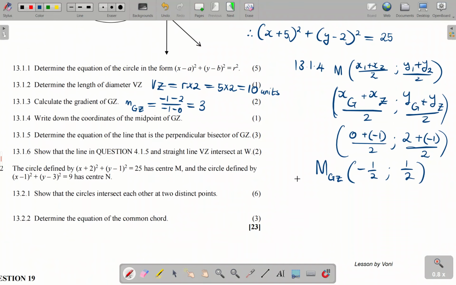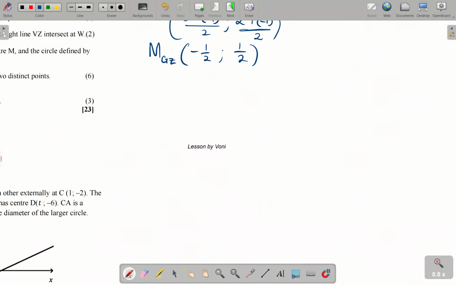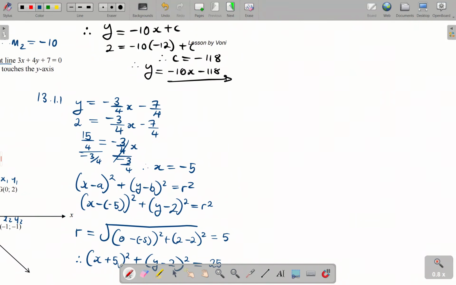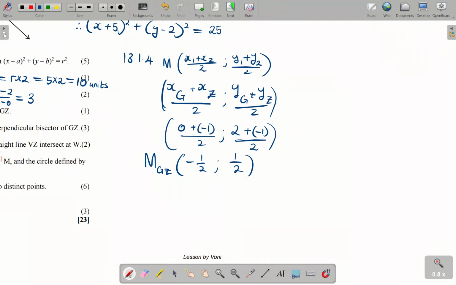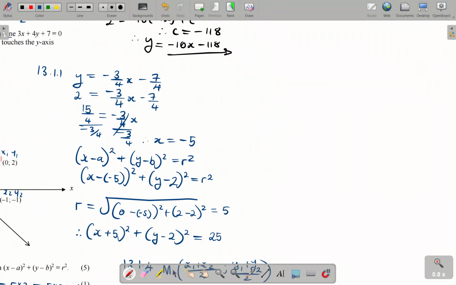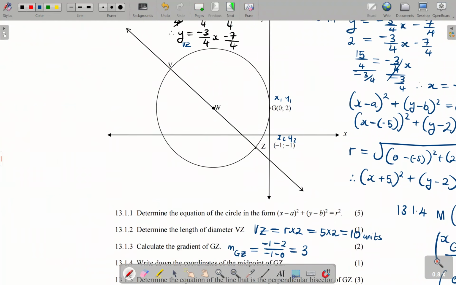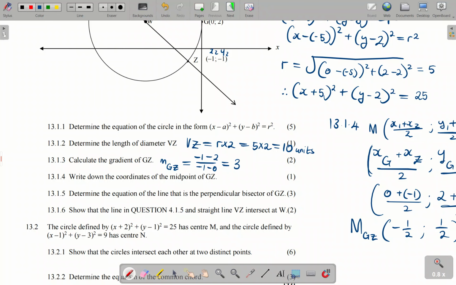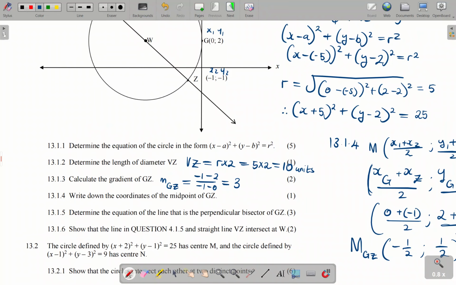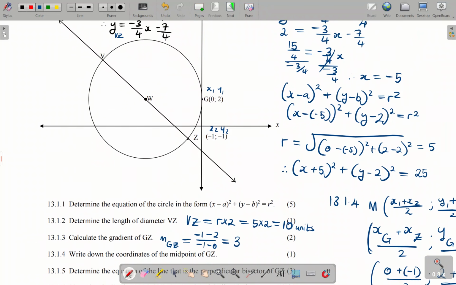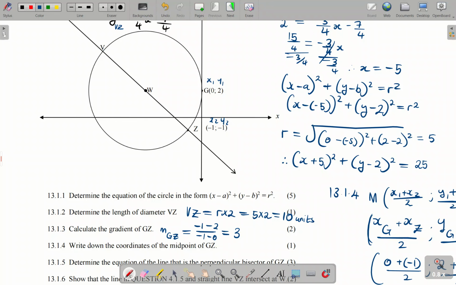Let's see if I still have space. I'm just going to divide it like this. This is 13.1.4, and I'm going to name this 13.1.5. For 13.1.5, we have to determine the equation of the line that is the perpendicular bisector of GZ.